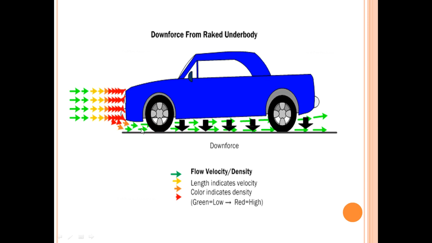When the air enters this gap, the air molecules suddenly find a more widening gap between the road and the underside of the vehicle, and as a result the air molecules will be accelerated.